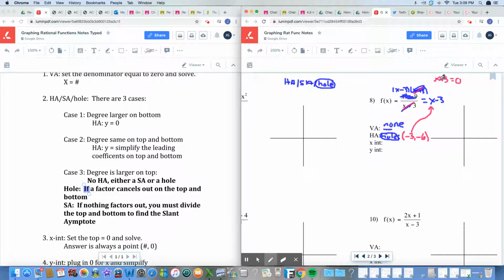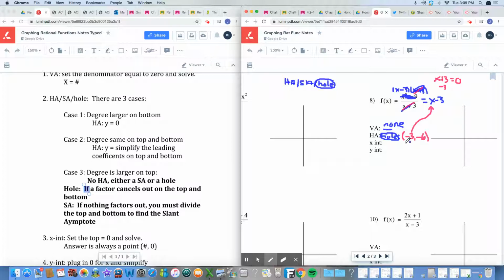Whatever that value is, which in this case was negative 3, that's where this negative 3 came from. To get this y, we plug negative 3 into here. Negative 3 minus 3 is negative 6. So basically, what would have been your vertical asymptote is the x-coordinate of your hole.